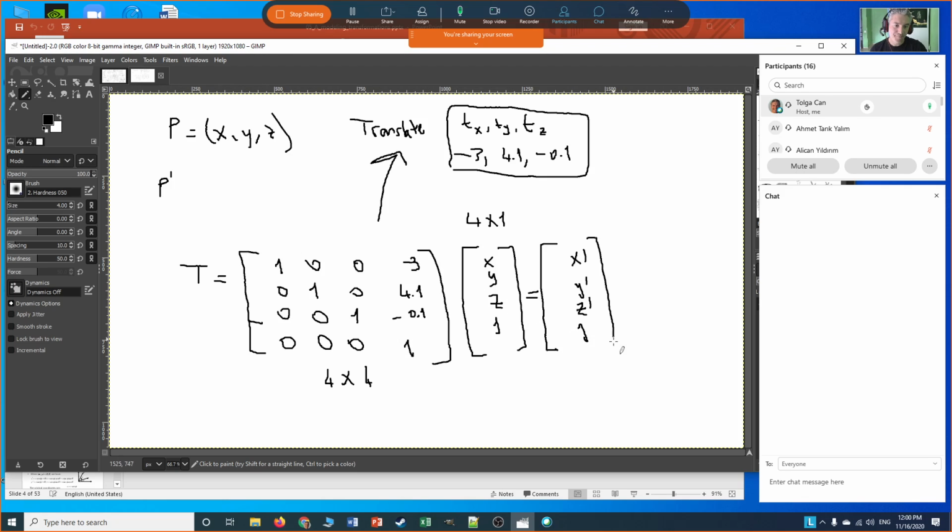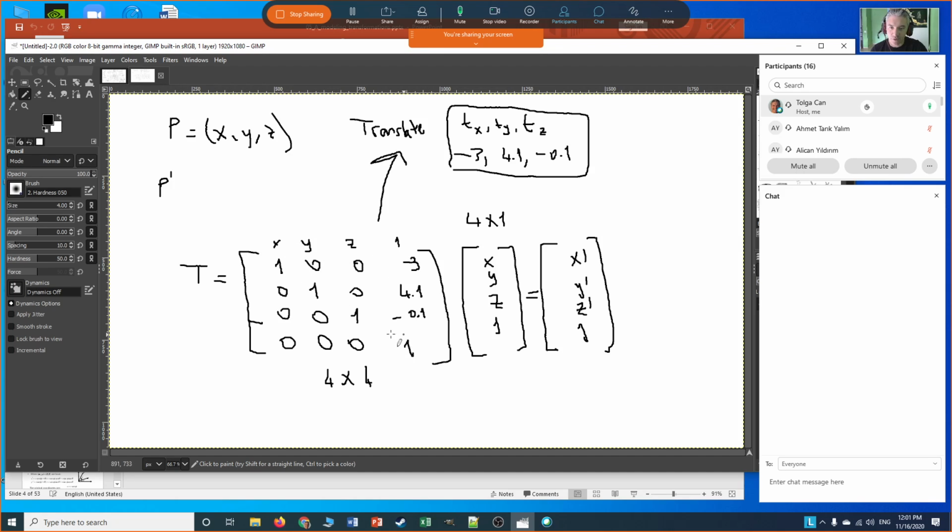As you can see, each row of this modeling transformation matrix is a recipe. These are instructions that tell me how the linear transformation of the previous coordinates is applied. If you think about the columns, they correspond to x, y, z, 1, and the entries are the coefficients.